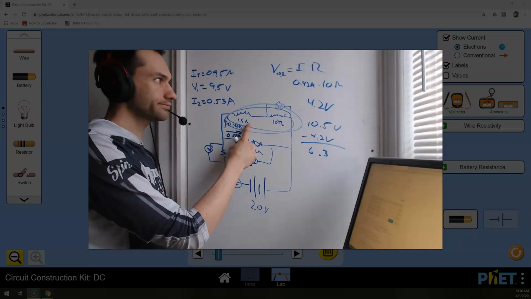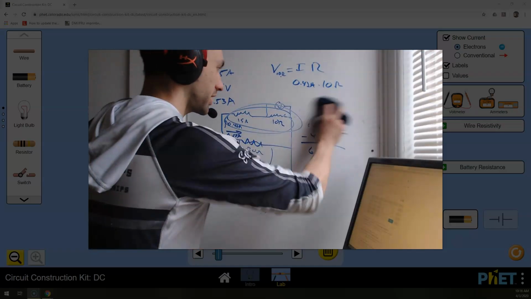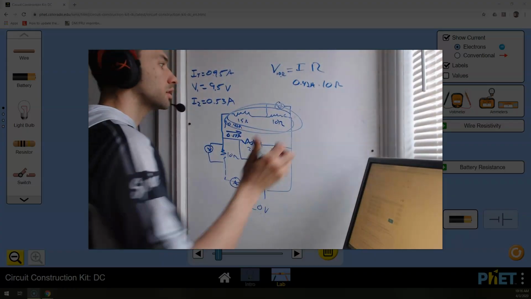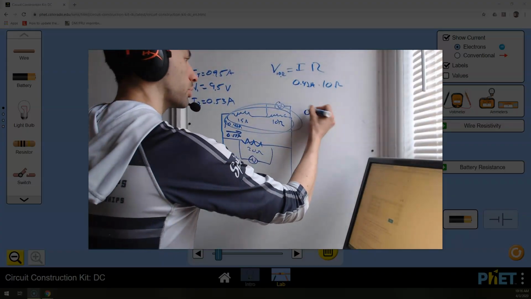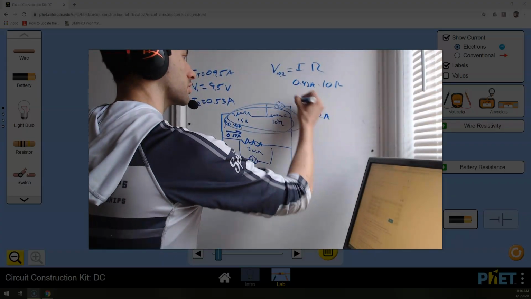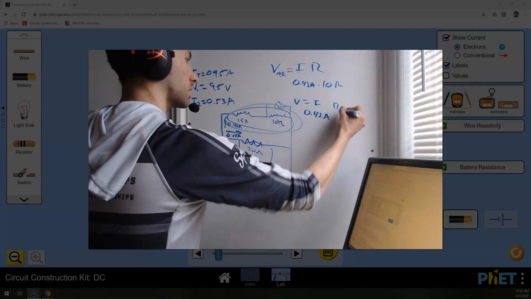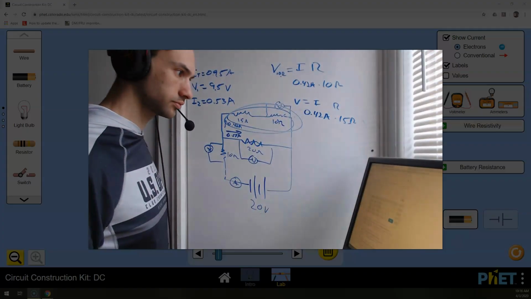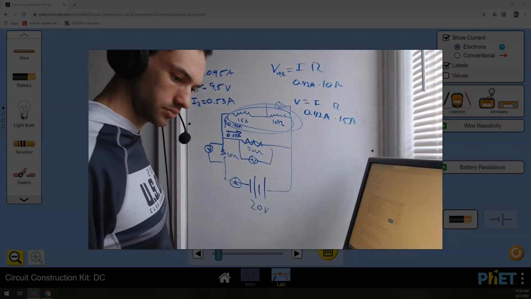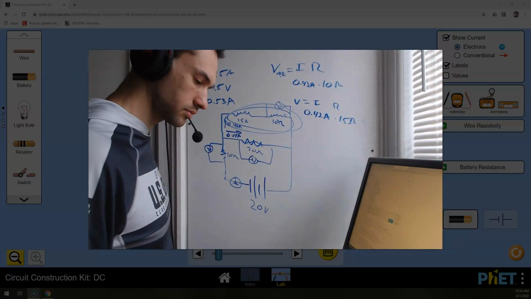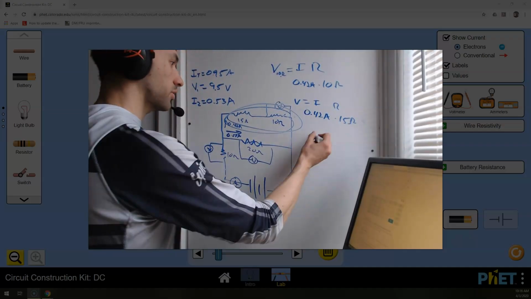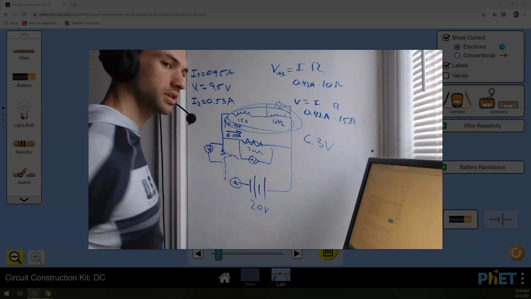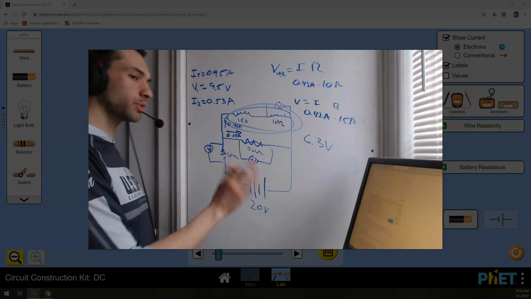Can we check that? Sure. Let's check it. 0.42 amps, so V equals IR, times 15 ohms. 6.3 volts.